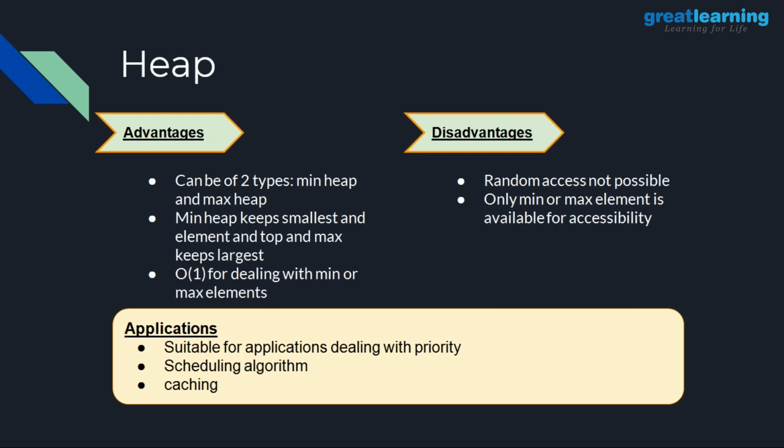What are the disadvantages? Random access is not possible, right? Only the minimum and maximum element are available for accessibility. We only know the element which is at the top, we can access only that, and that will give us the appropriate result, since this is the only element which will be maximum.